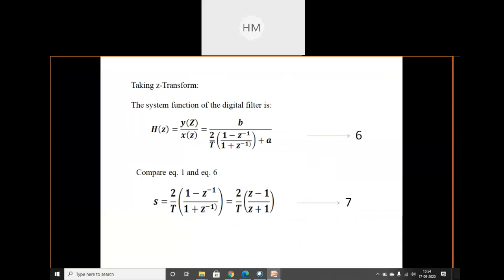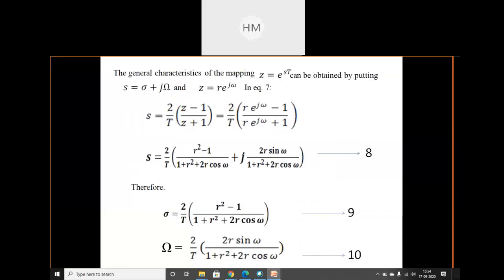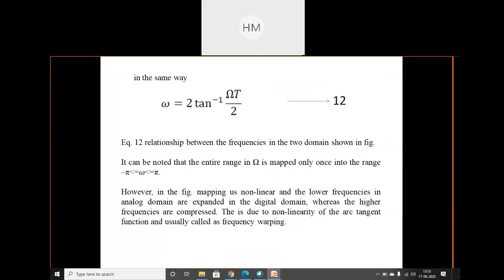Convert the analog filter with the system function H of s is equal to s plus 0.1 upon s plus 0.1 the whole square plus 9 into a digital IIR filter using bilinear transformation.